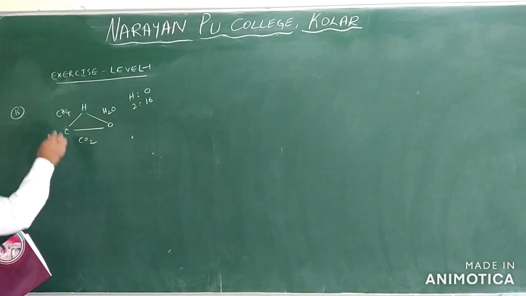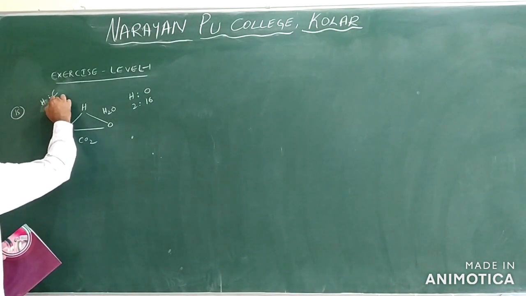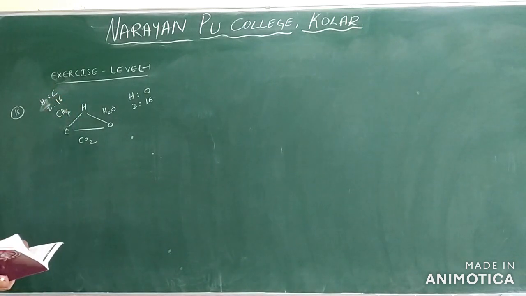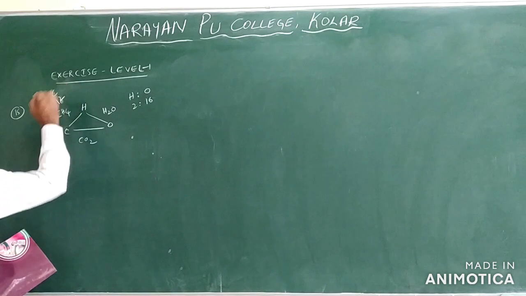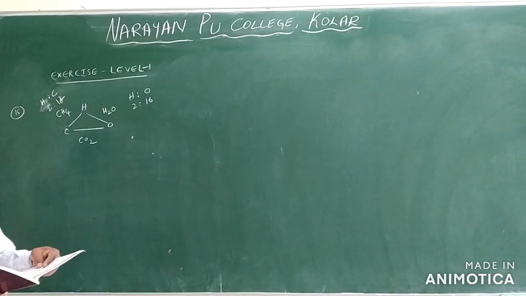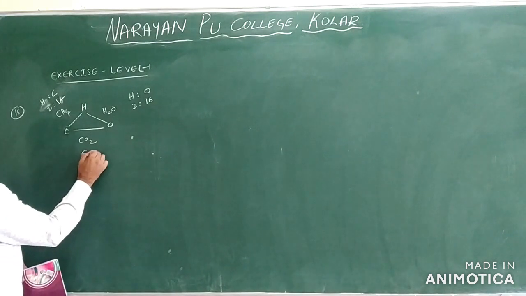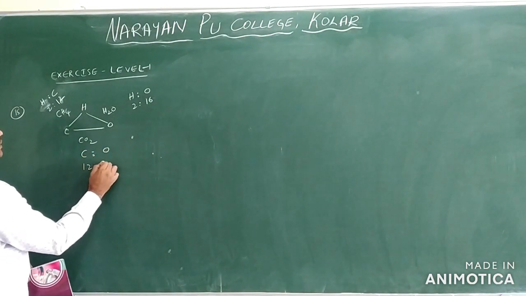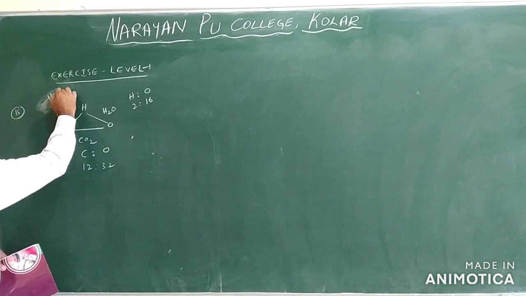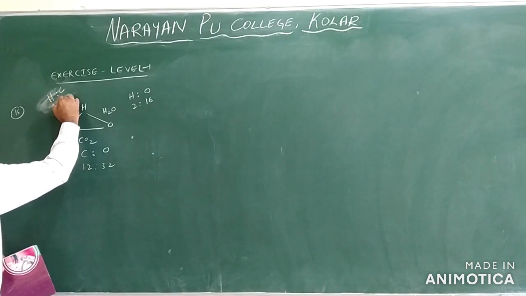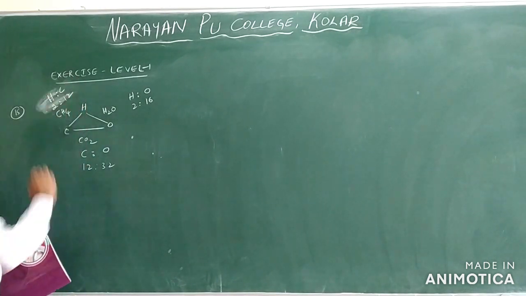Here also we take the hydrogen and carbon ratio, 2 grams of hydrogen, and it gives 12 grams of carbon. And one more: in carbon dioxide, 12 grams of carbon and here 32 grams only. If we take hydrogen and carbon ratio, this is 2 and for carbon we have 12 only.